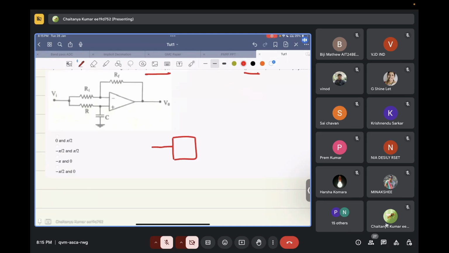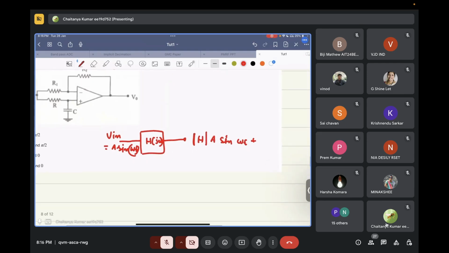If there is some input V in that passes through a frequency dependent block, your output will be the magnitude of H times A sine omega t plus the phase response of H, where V in is some A sine omega t. Is this concept clear to everyone?